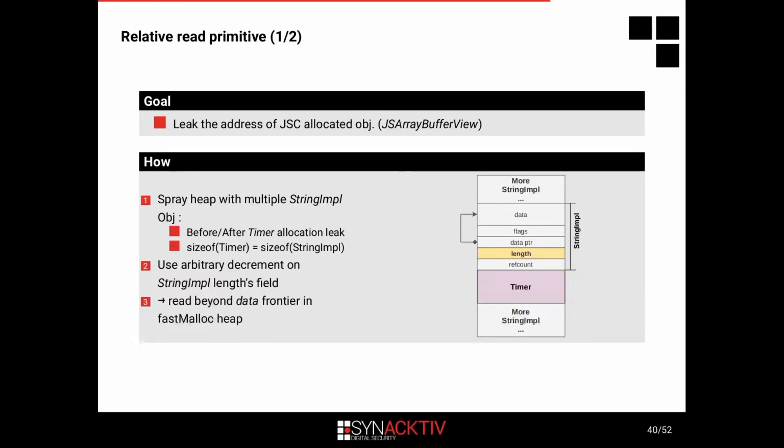To override the length, we will spray string impl objects that have the same size as our timer leak. We will spread them around the timer object. Using our arbitrary decrement, we will overwrite the length field, and thanks to that, we can read beyond the limit of the string buffer.